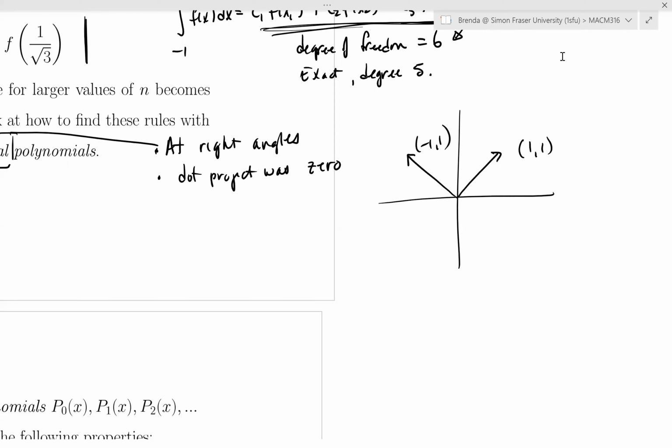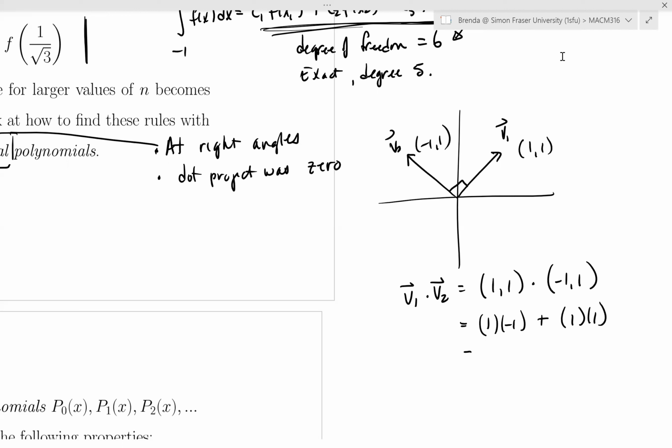Those two vectors are at right angles to one another. Let's look at the dot product, B1 dot B2. It looks like this: 1 times -1 plus 1 times 1, that has to be 0. At which point we conclude that the two vectors are orthogonal.